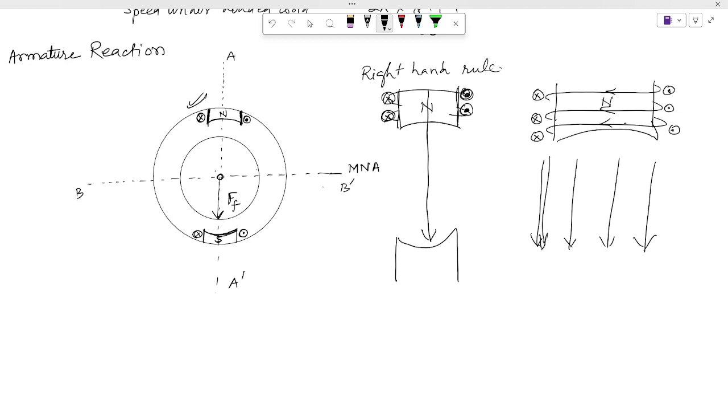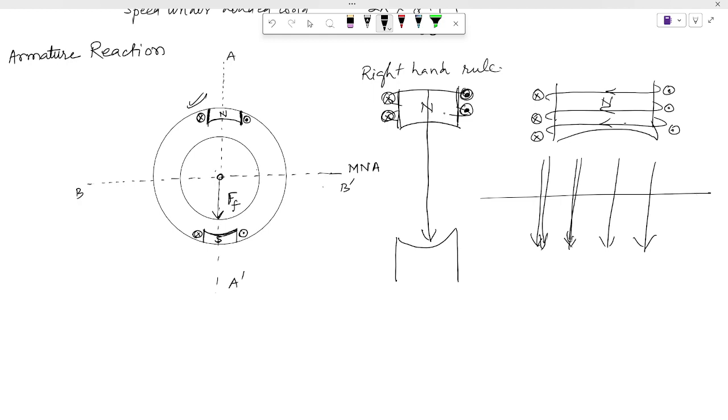This is the direction of magnetic field. The neutral axis will obviously be perpendicular to the direction of magnetic field. See, why I call it a neutral axis, I will explain to you.